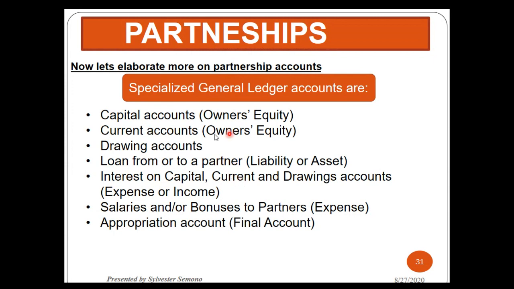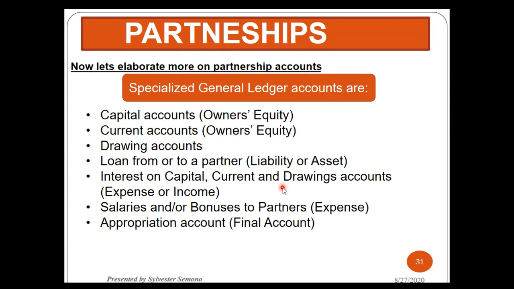If the balance of the current account of the partner is positive, it means the partnership will have to pay that interest to the partner. But if the partner's current account is unfavorable, it means instead of the business paying, the partner will pay the business that particular amount of money. That is the interest on current account. So the interest on current account is sometimes an income or an expense.